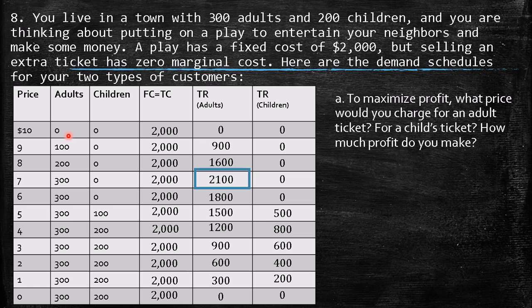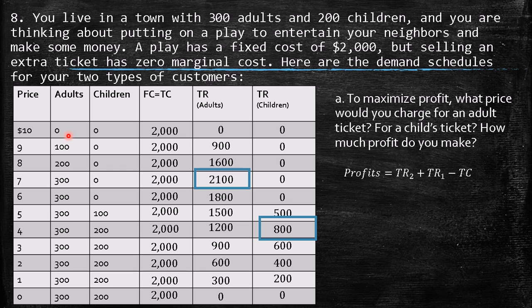So then the total revenue would be 2,100. For children, it should be 800 total revenue, which is associated with a price of 4, and 200 children consume that play.